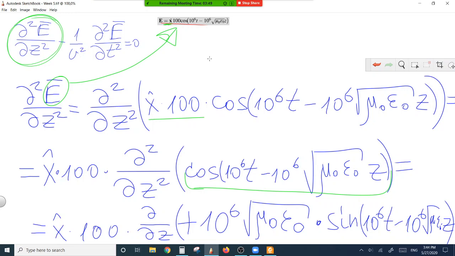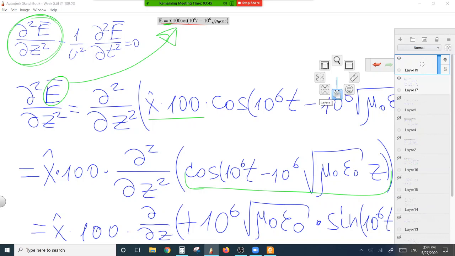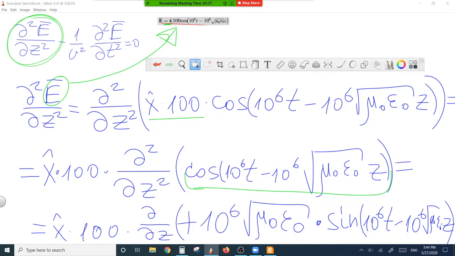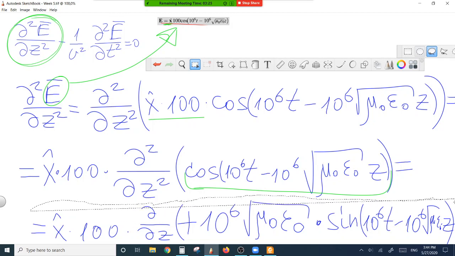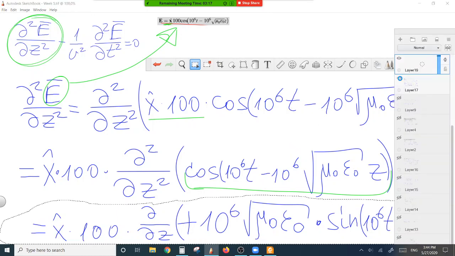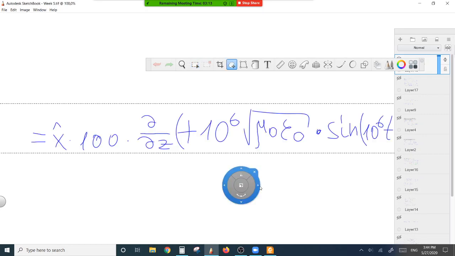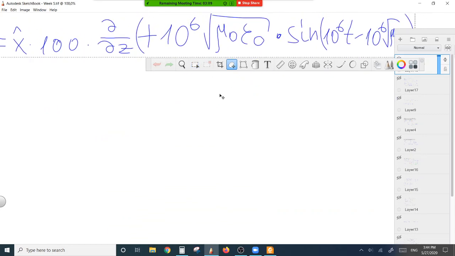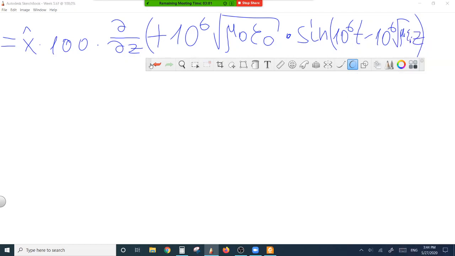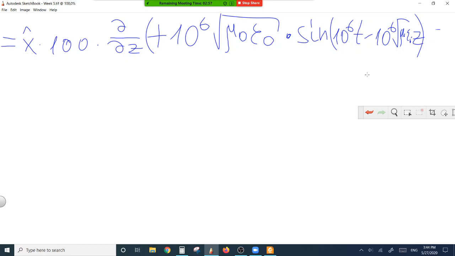And now let's go to a new page. Now let's take the second derivative.